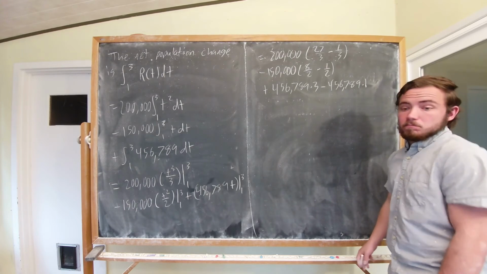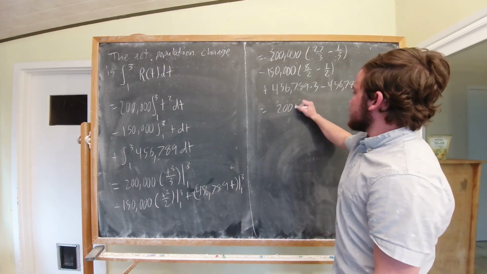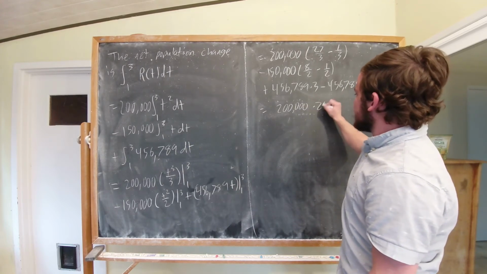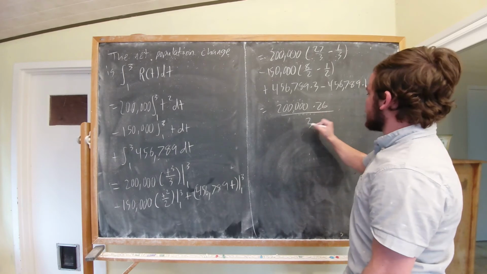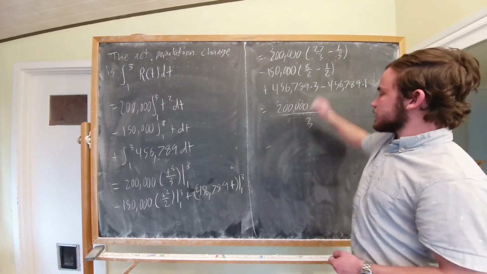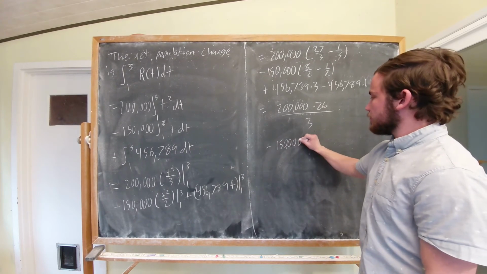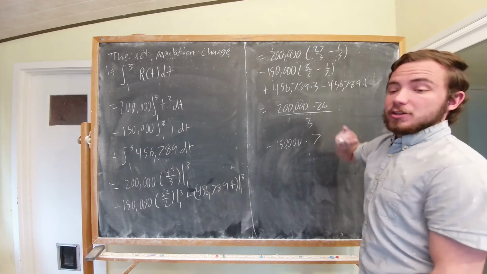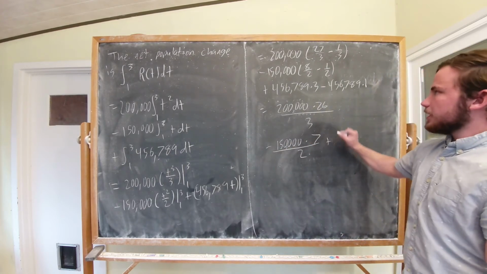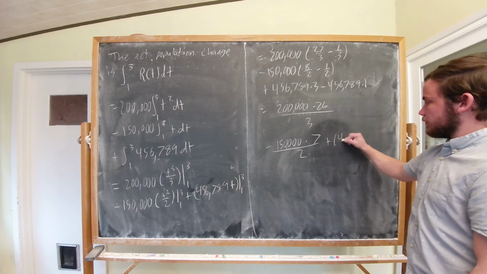All right, start computing. 200,000 times 26 divided by 3 minus 150,000 times 8 minus 1 is 7 divided by 2 plus something times 3 minus something times 1 is something times 2.